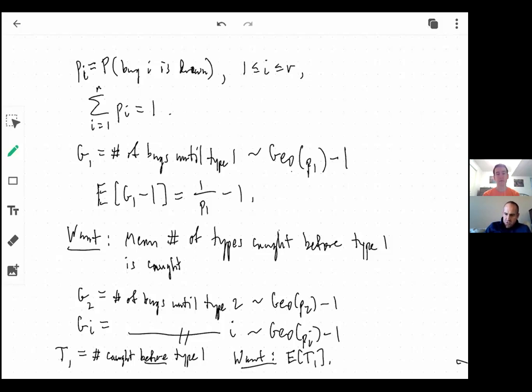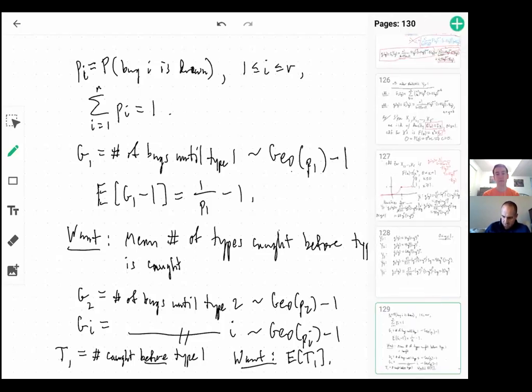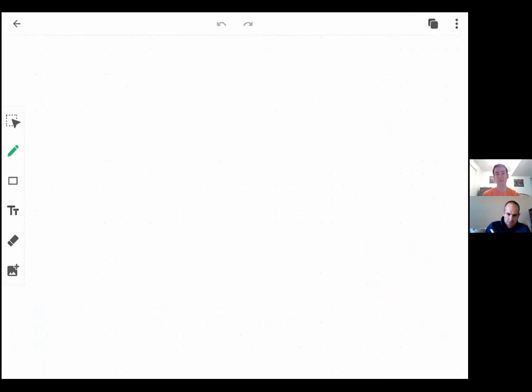But isn't it true that T1 is equal to the sum of indicators of the following events?